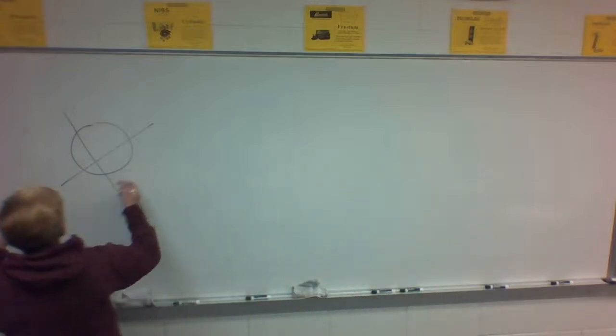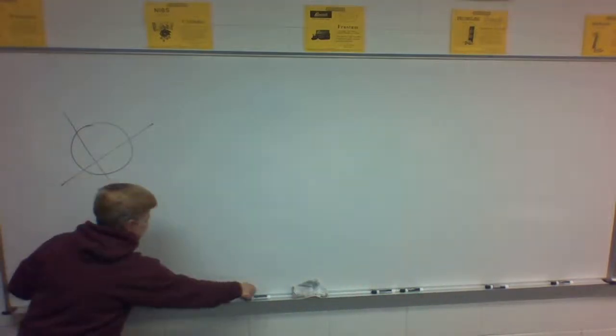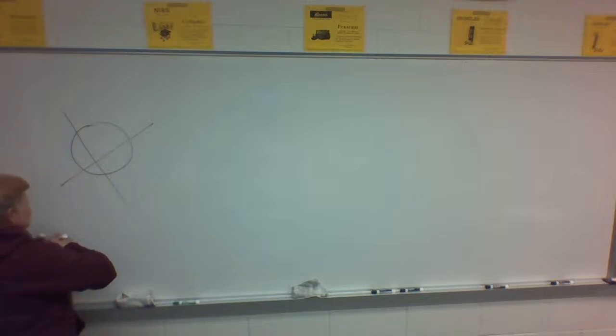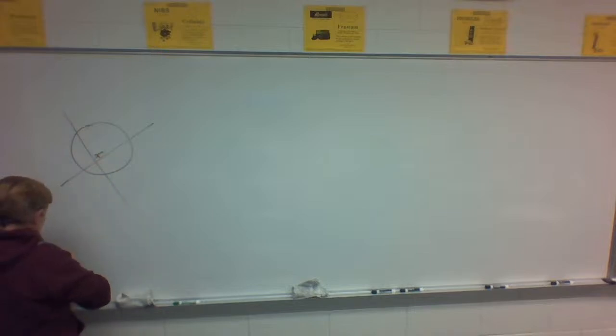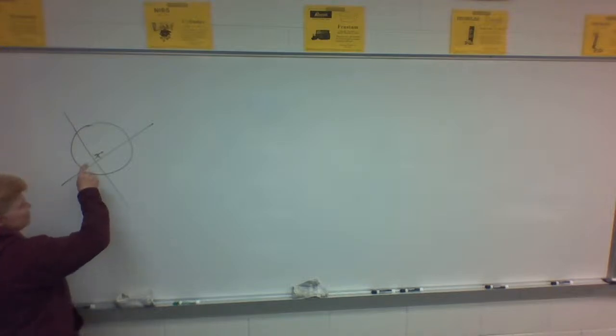When I have these two secants cross, if I want to focus my attention on this angle right here, we call that angle X, it's X degrees that I'm going to talk about. Then that angle is related, because you remember vertical angles are equal. If this is X degrees, so is this.